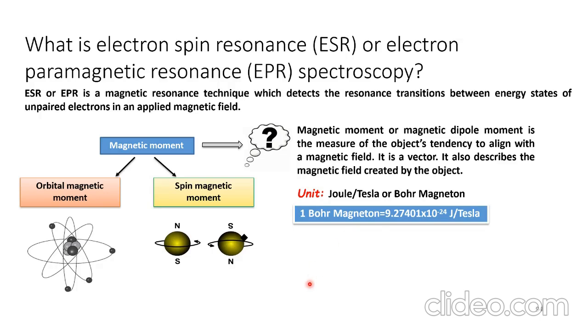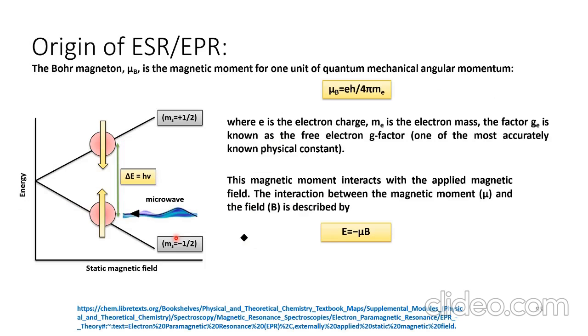The magnetic moment can be either orbital magnetic moment or spin magnetic moment, as I've already told. The orbit has a magnetic field, like magnetic attraction, and the spin also has a magnetic moment. If the energy is higher, then the separation will be higher.